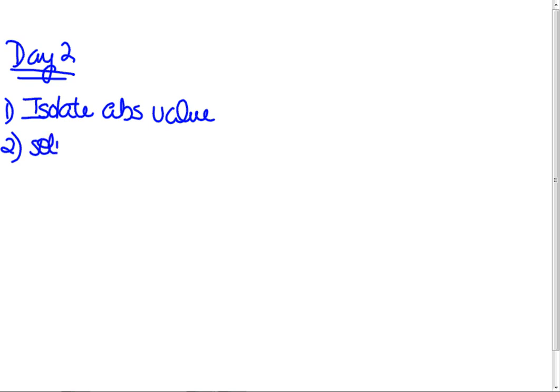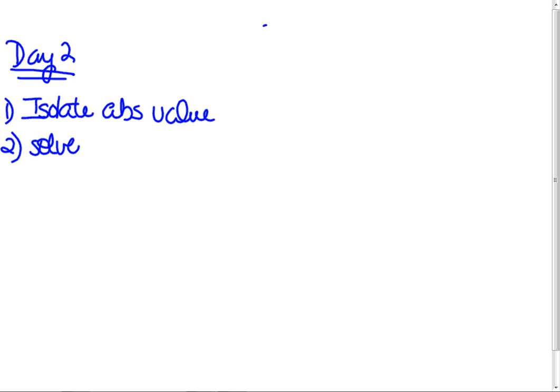Here's the steps. You isolate the absolute value. This is an equation. This is not finding the value of, and then you solve. But I haven't taught you the solve part.